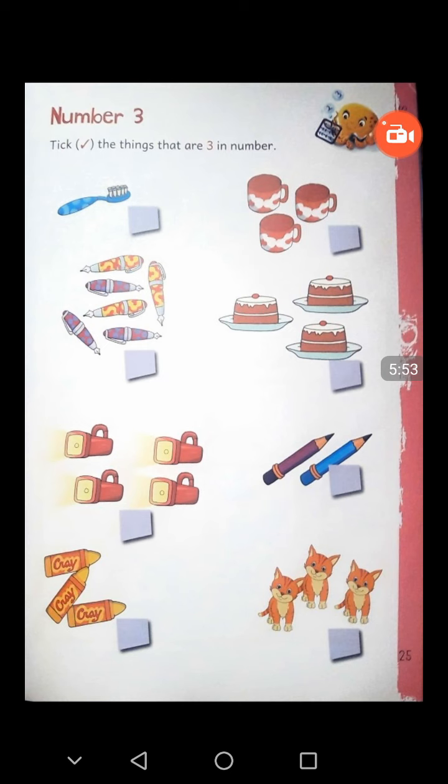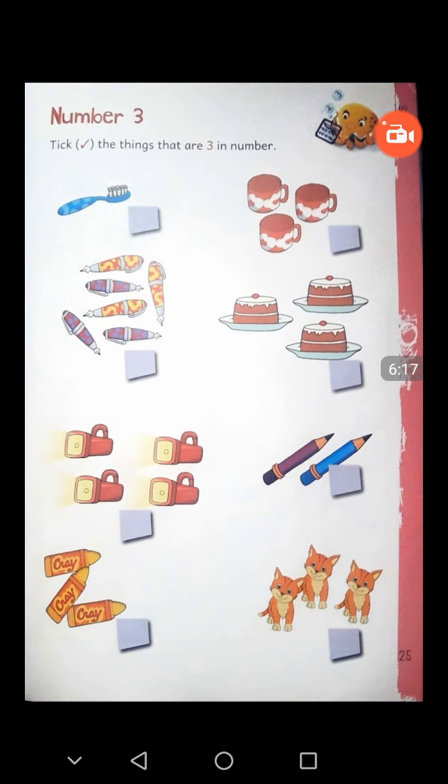In this page you see different things, and from those things you have to identify that are 3 in number. After you identify, you tick that column that contains 3 things. Okay.